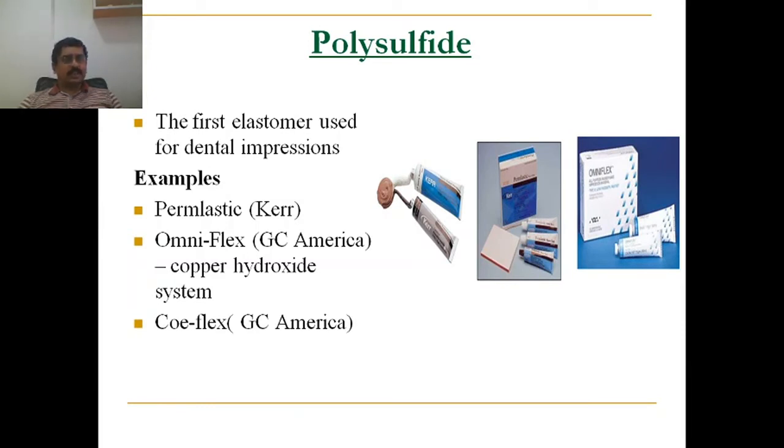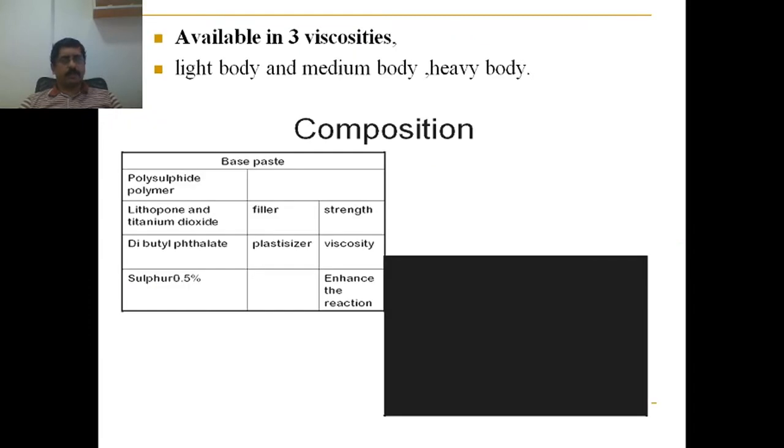Polysulfide was the first elastomer to be used for dental impressions. Examples: Permelastic, Omniflex, Coflex, etc. They were available in three viscosities: light body, medium body and heavy body.